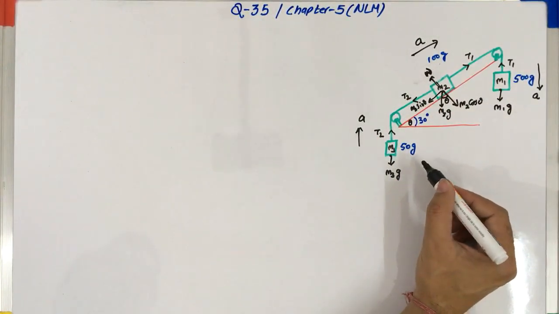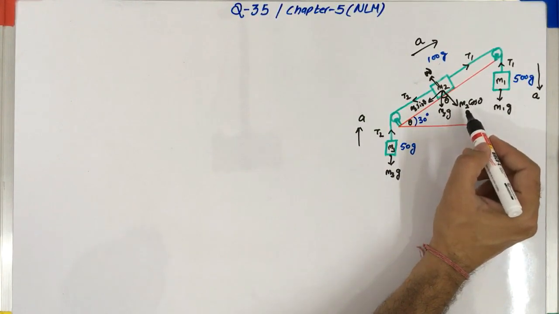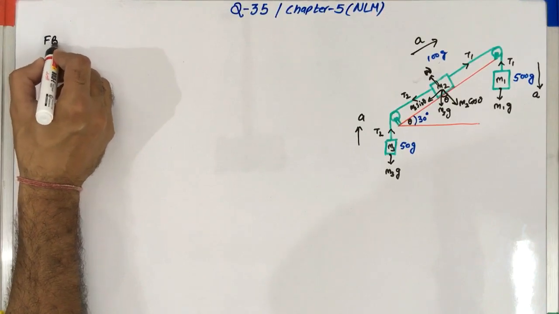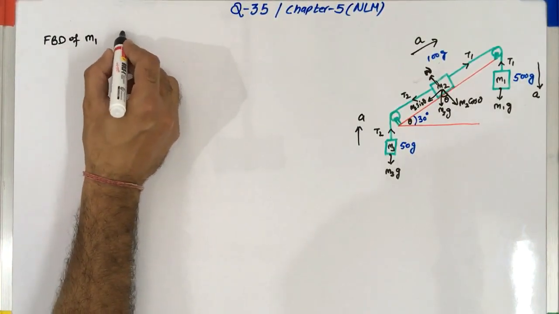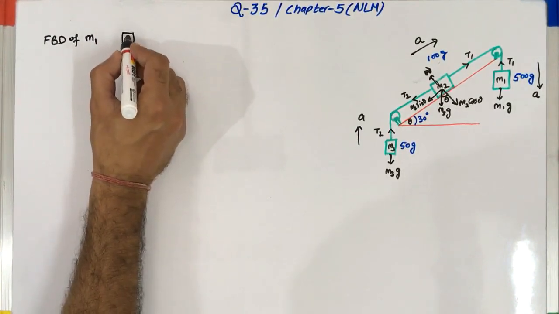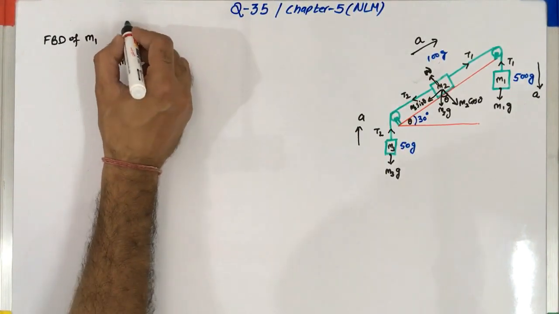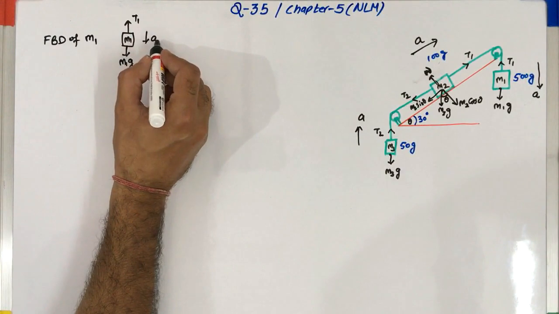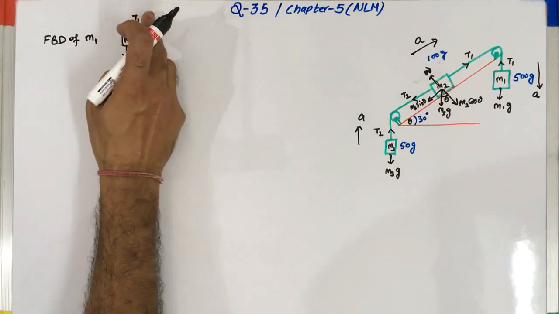Now we'll create the equation of motion of each individual block using the free body diagram. First I'll write the FBD of M1. This is the M1 block. One force is acting downward, which is M1G, and the upward force is T1. The acceleration is in the downward direction, so M1G is greater than T1.